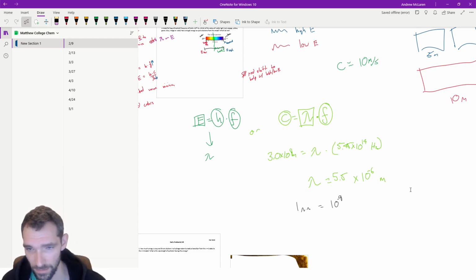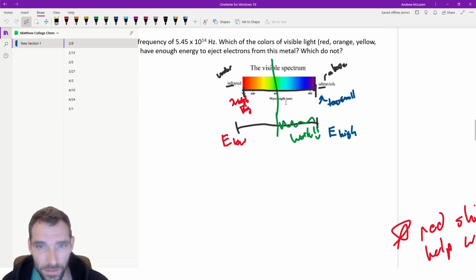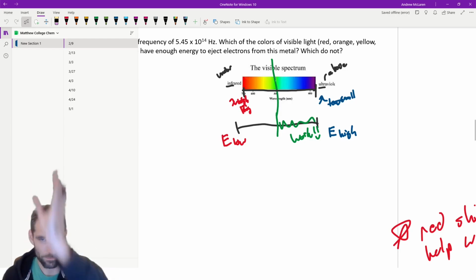And that's going to be, I believe, 550-ish nanometers. If we know that light is around that 550-ish number, around 500 on the visible spectrum, then that's the cutoff point.